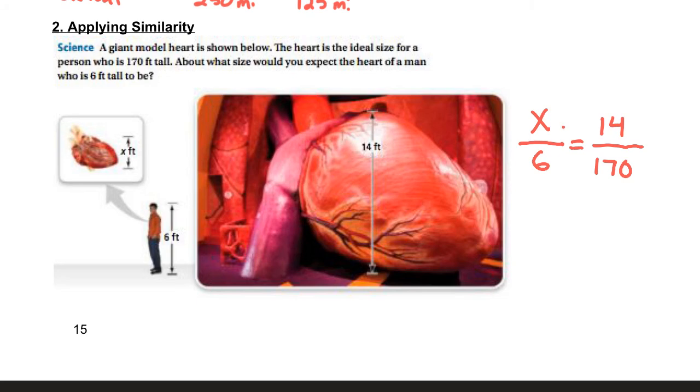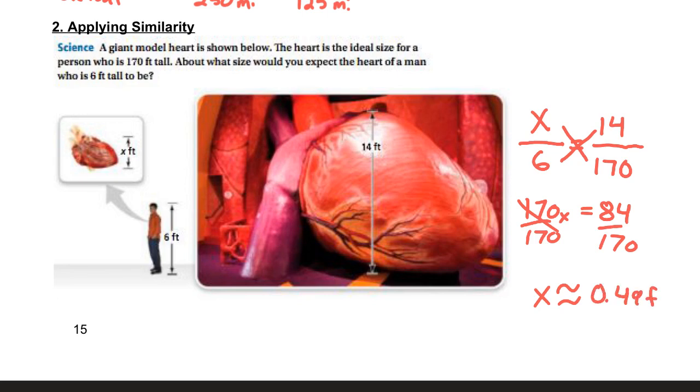So I would multiply across. This would be 170x equals 14 times 6, which is 84. Okay, so I would divide both sides by 170. X is going to be roughly, it's about 0.49. Let's just say 0.49 feet.